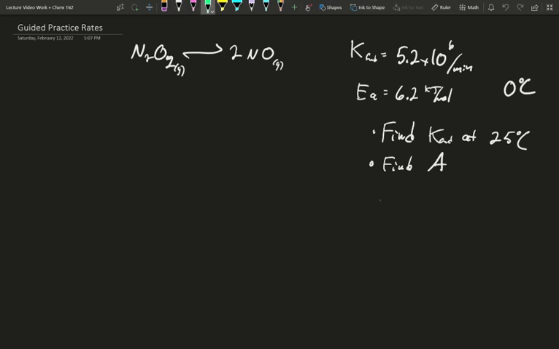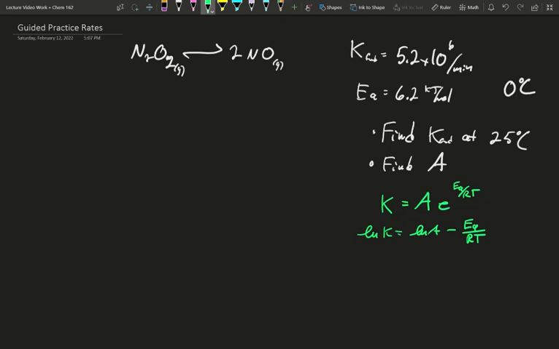All right, if you're back, remember that your rate constant is equal to A, e to the negative activation energy over RT, which we can break down into the ln of k is equal to the ln of A minus Ea over RT.